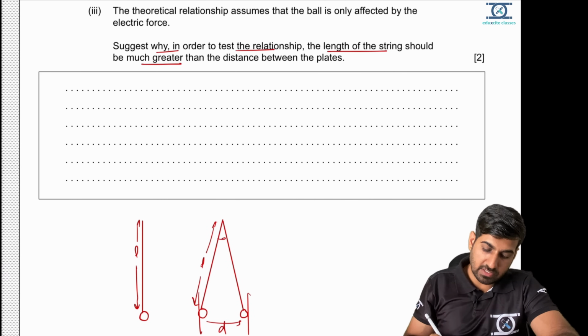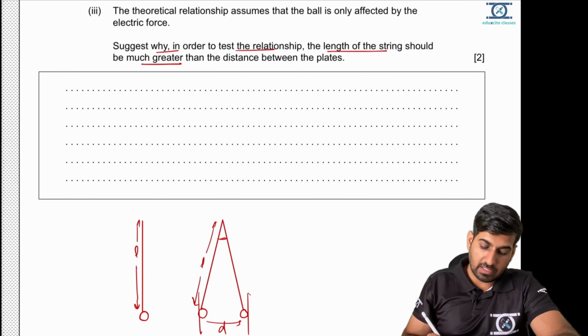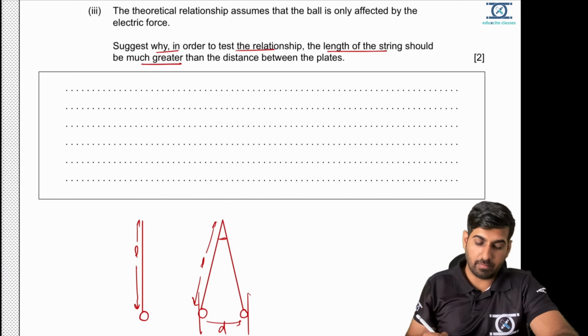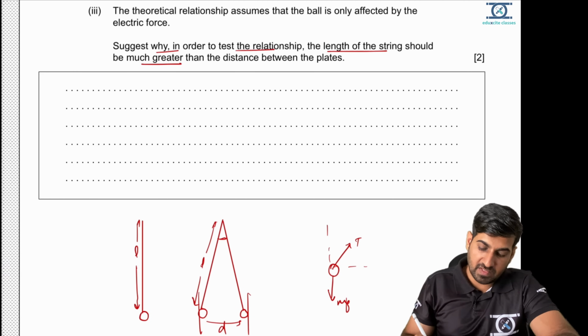The reason being, it has to make a very small angle so that the only force acting is the electric force. Otherwise the tension has its own component, because the ball has its own weight. So one will be mg, one will be the tension. Now this will have a certain angle, theta, so this will be T cos theta and this will be T sin theta.